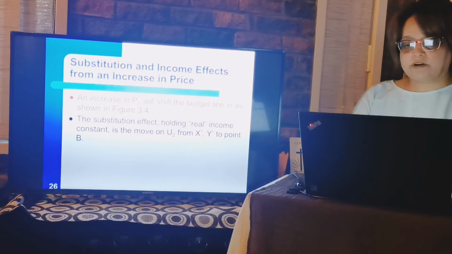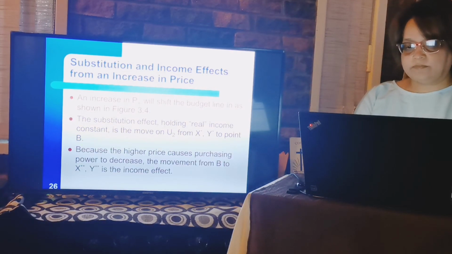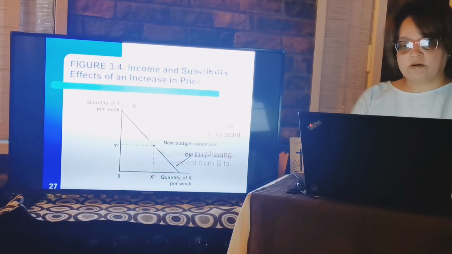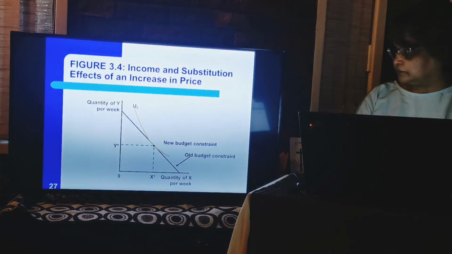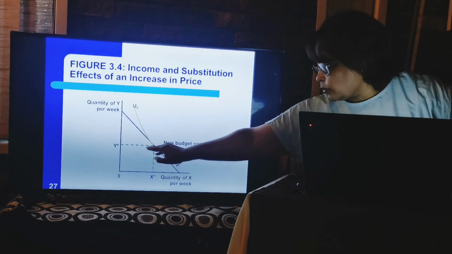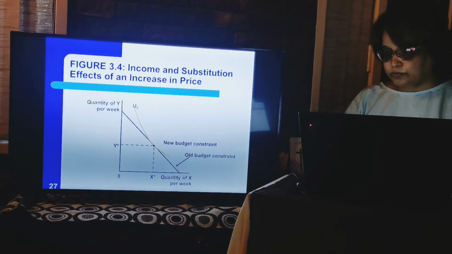And the substitution effect, holding real income constant, is the move on U2 from X2, Y2 to point B. Okay? This slide is also just explaining the curve. X1, Y1 will be a specific point on the old budget line.